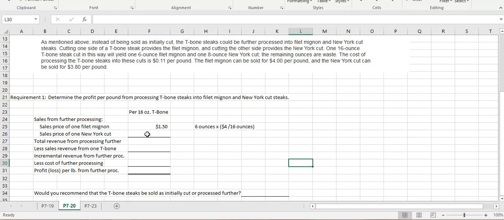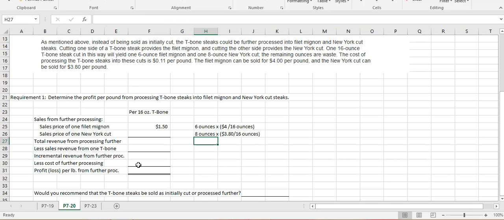We're going to do the same thing for the price of a New York strip. We get an 8-ounce New York strip, and that price was $3.80 per pound. So the calculation for that one would be 8 ounces times $3.80 divided by 16 ounces per pound.